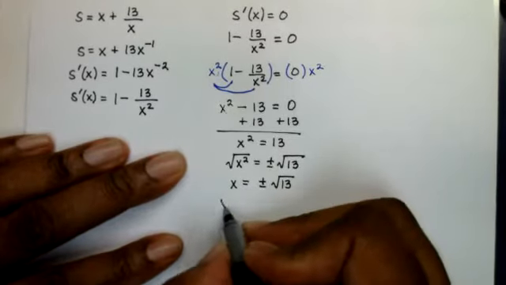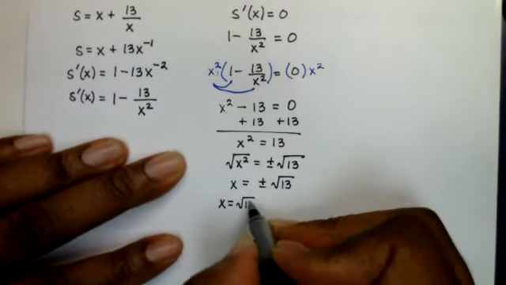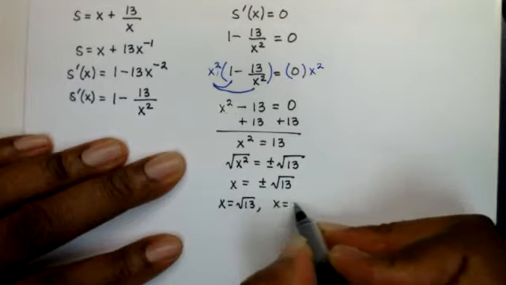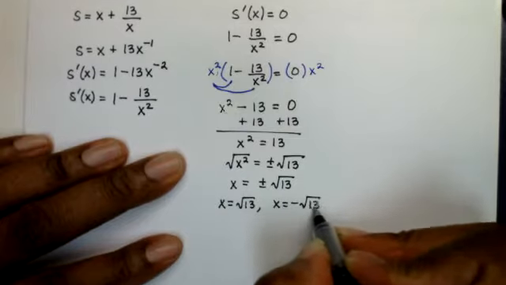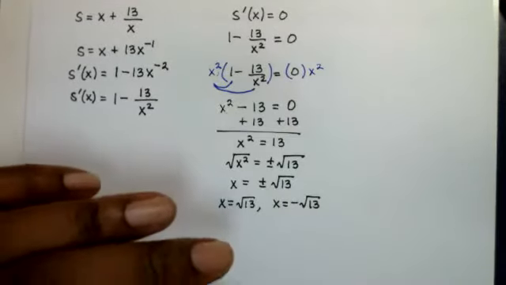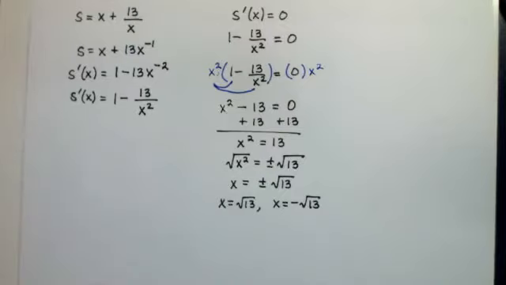Now what that means here is that X is equal to the square root of 13, and X is equal to negative square root of 13. But the restriction here is from 0 to infinity. And negative square root of 13 is outside that interval of interest.